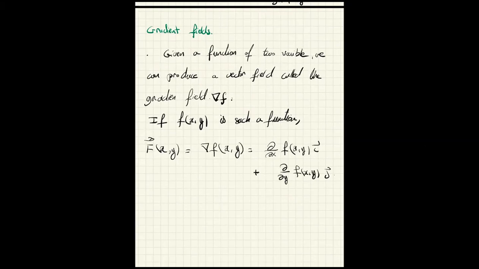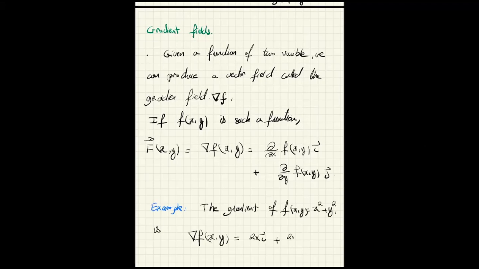Okay, so for example, the gradient of f of x, y given by x squared plus 2y plus y squared is the gradient field 2x i plus 2y j.